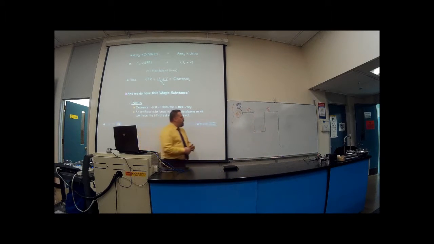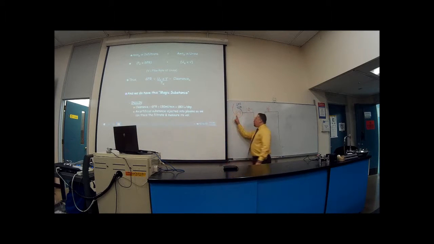And this inulin can go right from here into here, and 100% will go into the nephron, and 100% will go out in the urine. So we can actually figure out a GFR if we inject and follow this inulin.